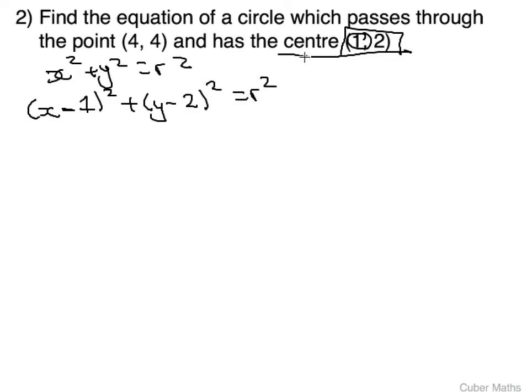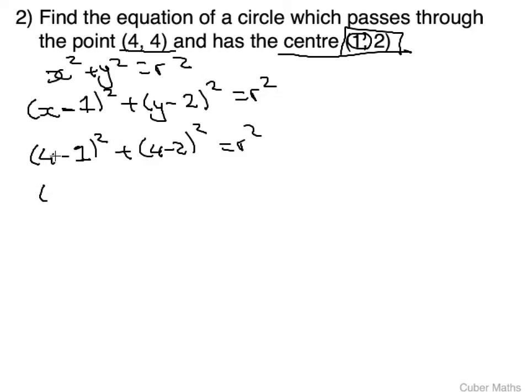So x take away 1 squared plus y, take away our given y value, which is 2, squared is equal to r squared. Now if we carry on just like before, we're going to substitute in the values for the point given, which is 4, 4. So x, which is 4, take away 1 squared plus y, which is also 4, take away 2 squared equals r squared. So we can simplify this further.